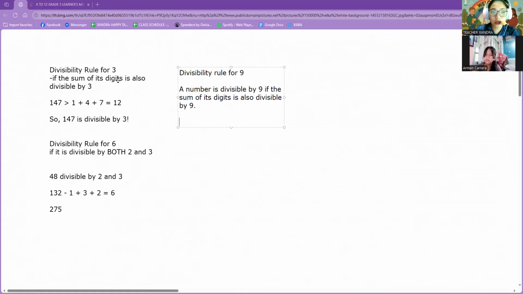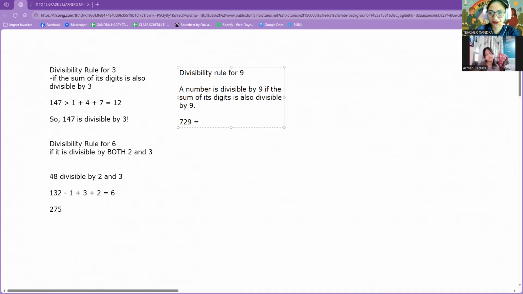Just like the divisibility rule for 3, you add up all the digits, and then you check if the sum of those digits is divisible by 9. For example, 729. Could you please add all the digits?